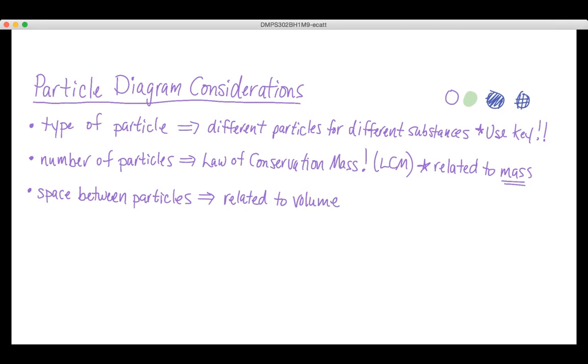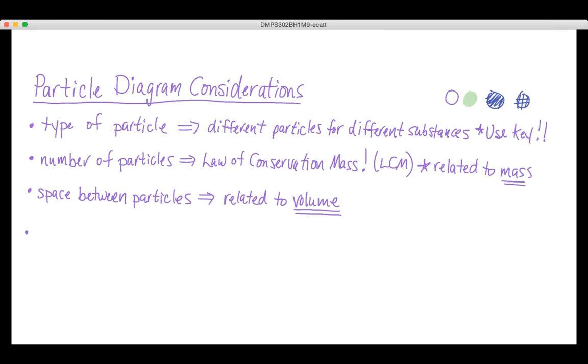If we've got something that is taking up a small amount of space, those particles are going to be close together. If they're taking up a large amount of space, the particles are going to be further apart. Now, if we put the idea of mass and volume together, then we can look at density, but you can't look at just density without looking at mass and volume together. So space between particles, volume.